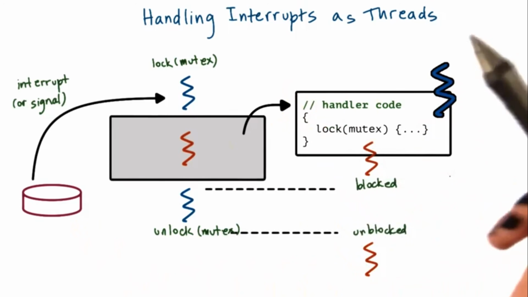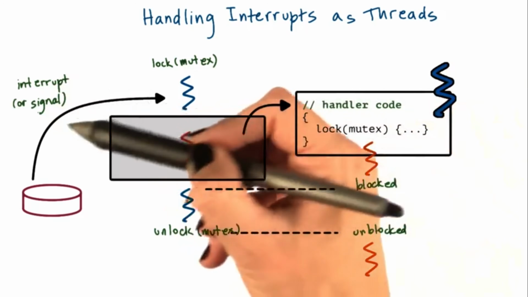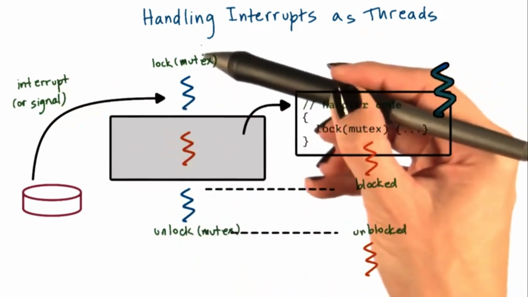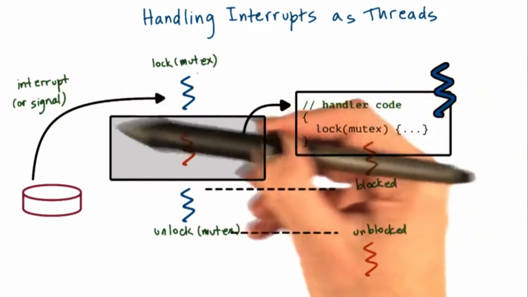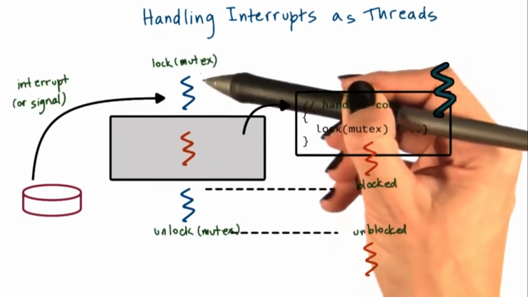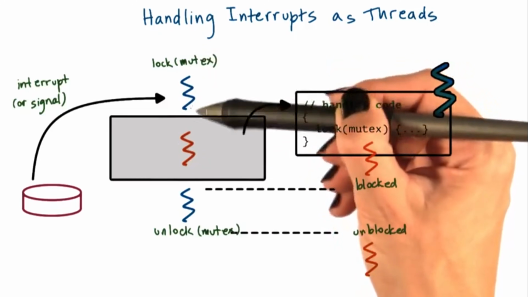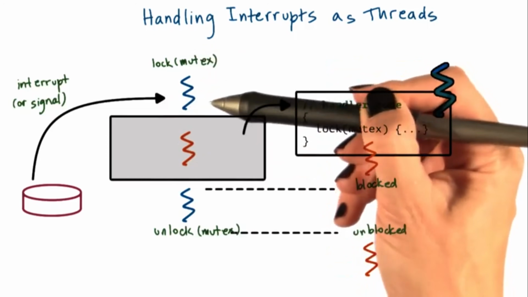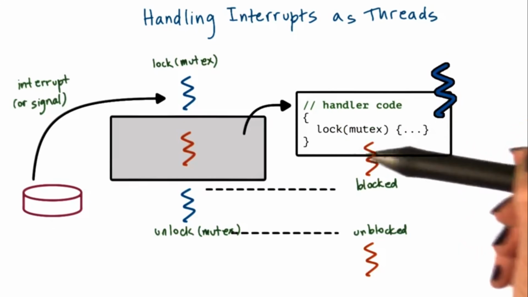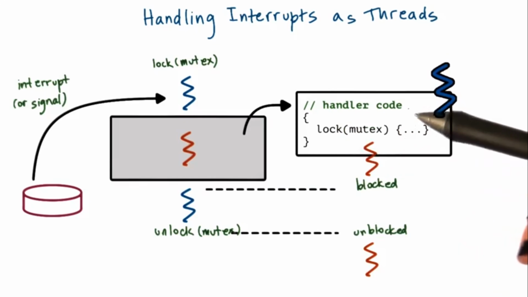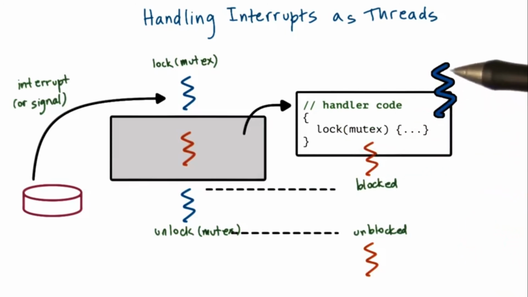The way this happens looks as follows. Whenever an interrupt or a signal occurs, it interrupts the execution of a thread. And by default, that handling routine should start executing in the context of the interrupted thread using its stack and its registers. If the handling routine is going to be performing synchronization operations, in that case, that handler code will execute in the context of a separate thread.